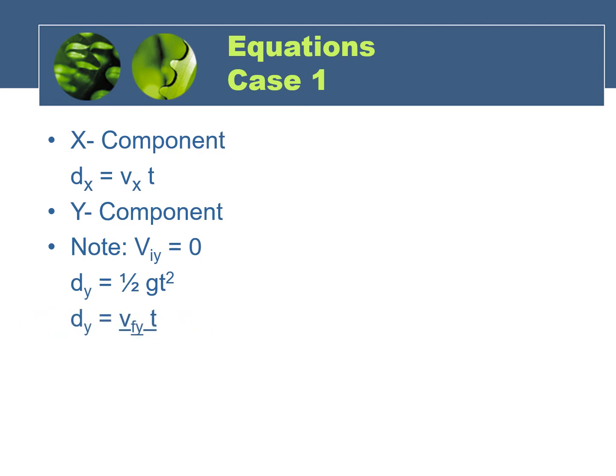Dy is equal to Vfy times time over 2, where Vfy is the final vertical velocity. And finally, Vfy, the final vertical velocity, is equal to gt, or acceleration due to gravity times time.